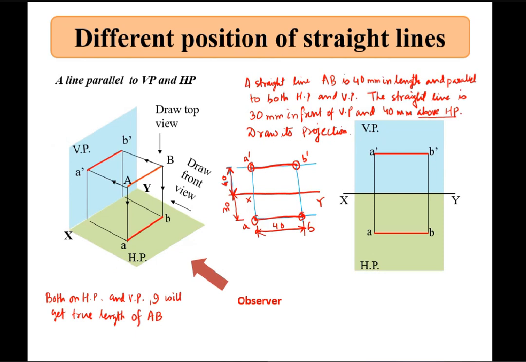I am talking about straight line. Out of 120 or 130 students, anybody wants to say something? Sir, one thing that we learn is that the projectors, that is A dash and A, B dash and B, will be on the same straight line.